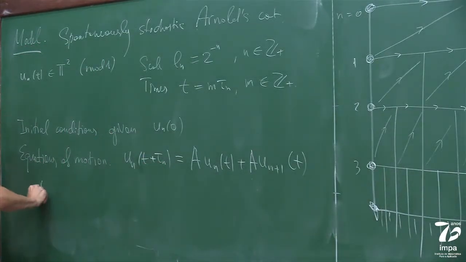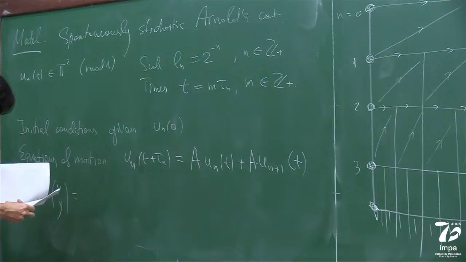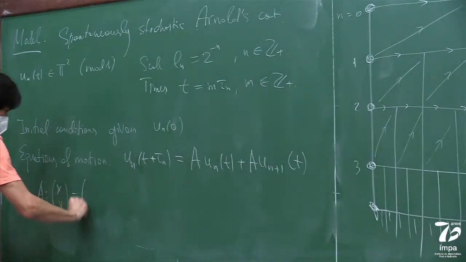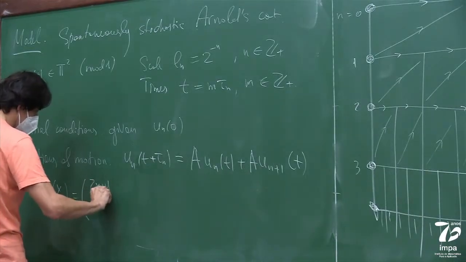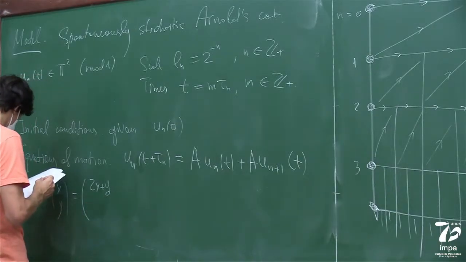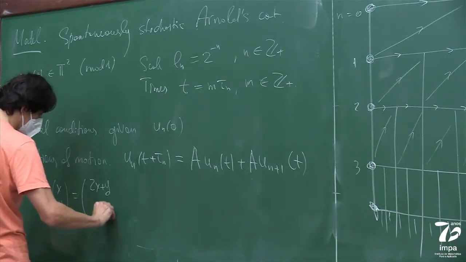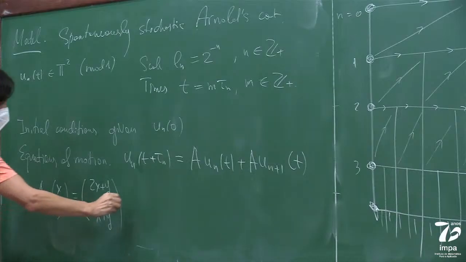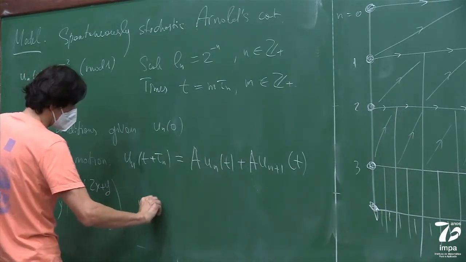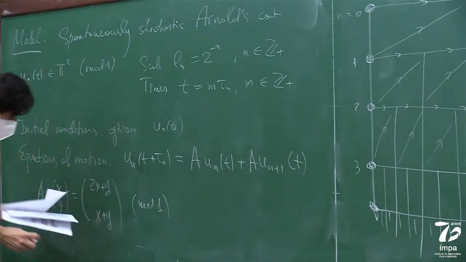So the Arnold-Cat map is a map which maps x, y to, I don't remember, 2x plus y, x plus y, right? And it's on a torus, so it's all modulo 1. Okay.